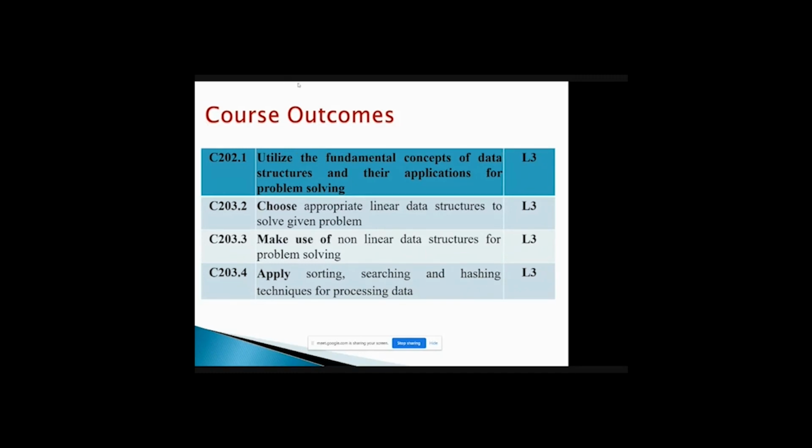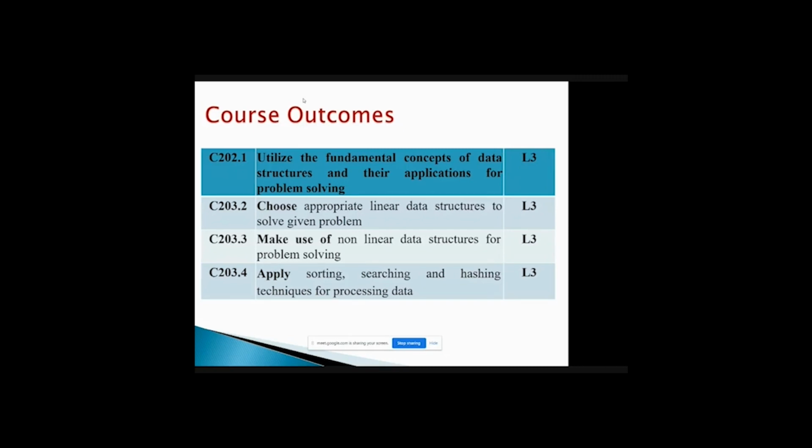Okay. And the second CO is to choose appropriate linear data structures to solve a given problem. Your entire data structure is categorized into linear data structure and non-linear data structure, which you will learn as you go ahead. Depending on a given problem, it is not that you have n number of data structures; you have to choose the one suitable for your problem.